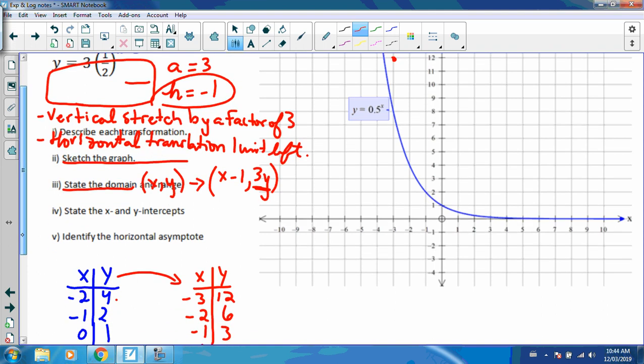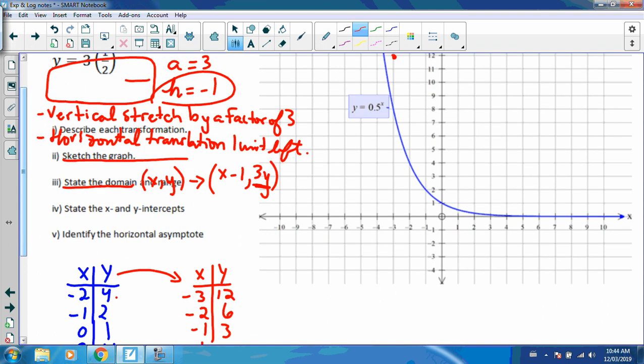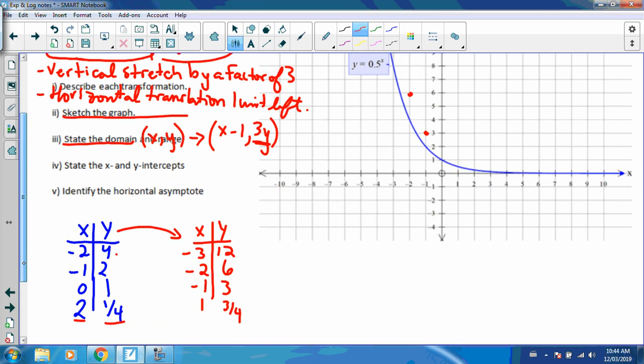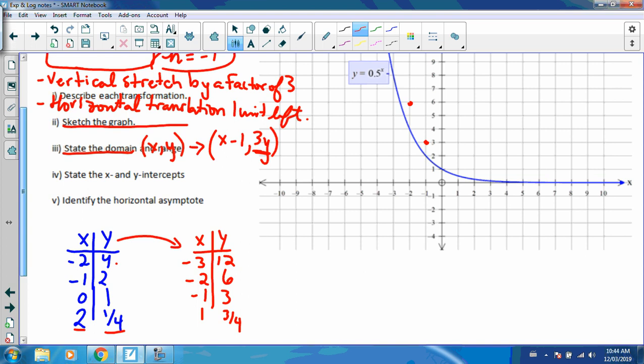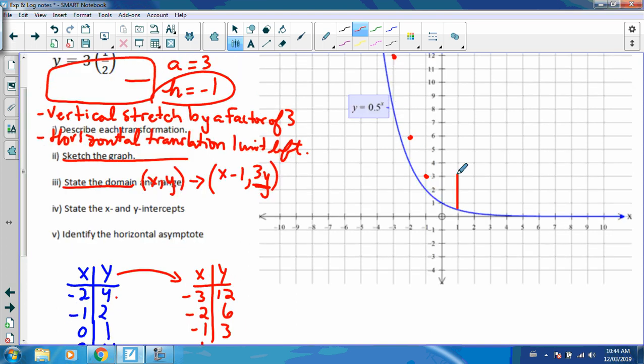And the next point is at -2, 6. That's there. -1, 3. And the last point was 1, 3/4. So that's about there. So now if we connect these, our graph should look something like that. And then we have our transformation.